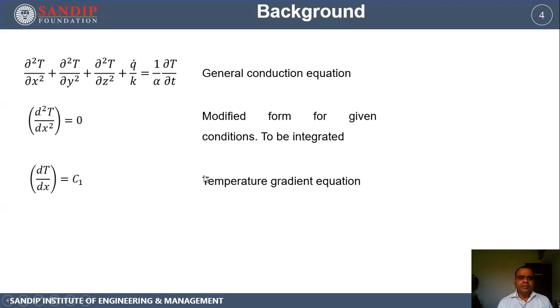Now what is the use of this temperature gradient equation? Once you know the temperature gradient, you can use it in Fourier's law of conduction to get the required rate of heat transfer at any location for which the temperature gradient is known to us. So this is where this equation is going to be very handy and useful.